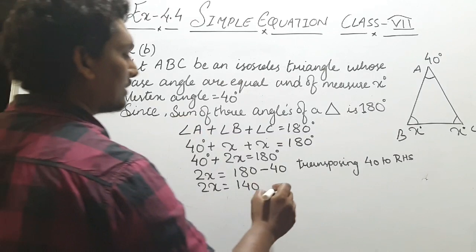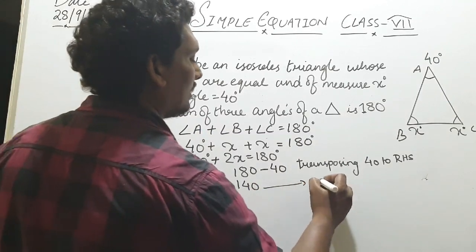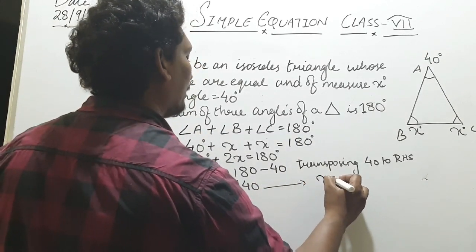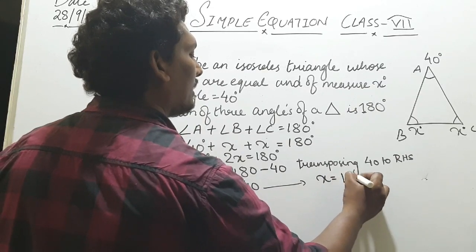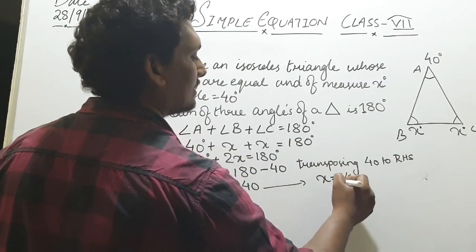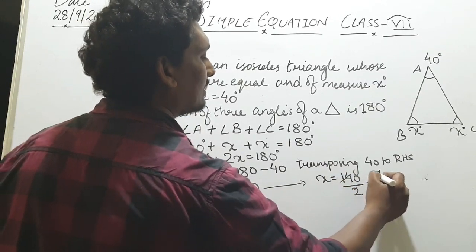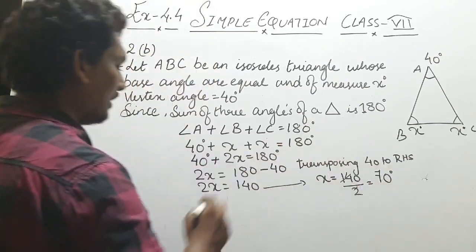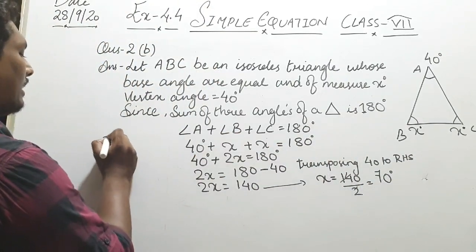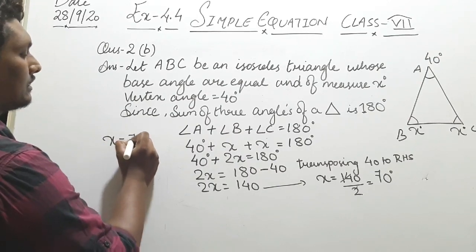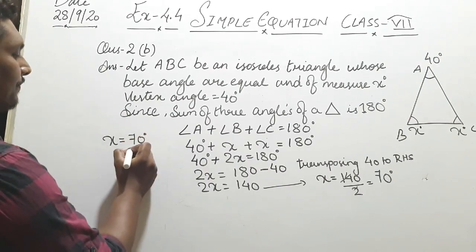We have to find the value of x. I'm writing here this side, x is equal to 140 upon 2. When you cancel this, what you will get? 70, right? So our x is 70 degree.